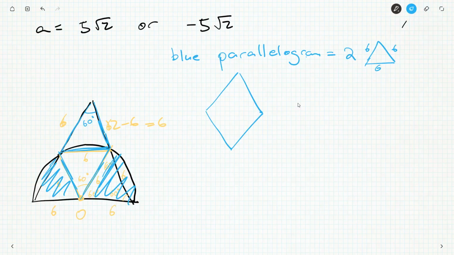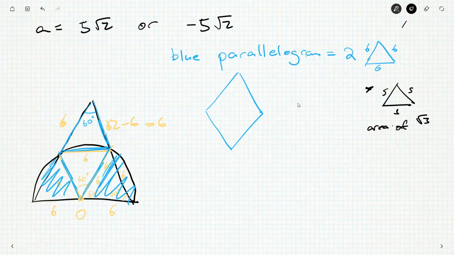So I can figure out the area of the whole thing if I can figure out the area of an equilateral triangle, which I can. Let's make a note of that. So an equilateral triangle of side length S has area, I believe, root 3 S squared over 4. I will double check that in a moment.